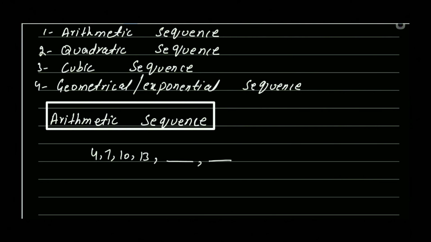So what is an arithmetic sequence actually? In which the first difference will be the same. What is the first difference? The difference between, let's suppose, the first two terms is 3.